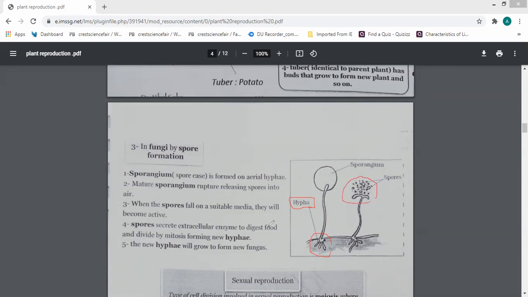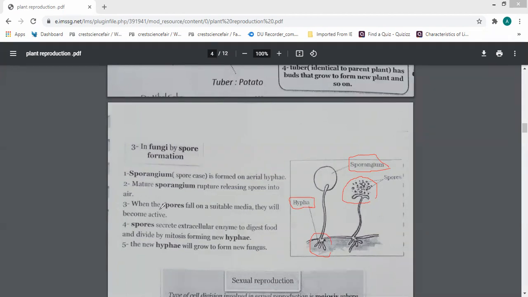This sac is called a spore sac, or sporangium, the sac which contains spores. When the number of spores increases inside this sporangium, it starts to explode, releasing the spores into the air.